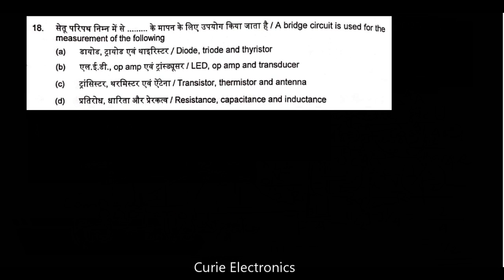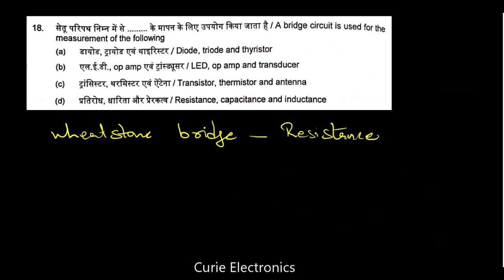Question number 18. A bridge circuit is used for measurement of the following. Let's say Wheatstone bridge. This we use to measure resistance. Then what about Maxwell bridge? Maxwell bridge we use to measure inductance.